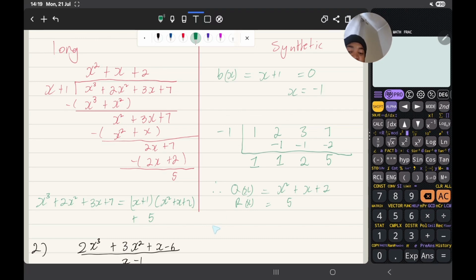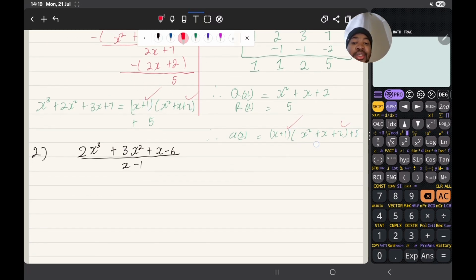And therefore you could say a of x is going to be b of x, which is x plus 1, times your quotient, x squared plus x plus 2, then plus your remainder, which is 5. And just like that, you're done. And our answers match too, so we're good.